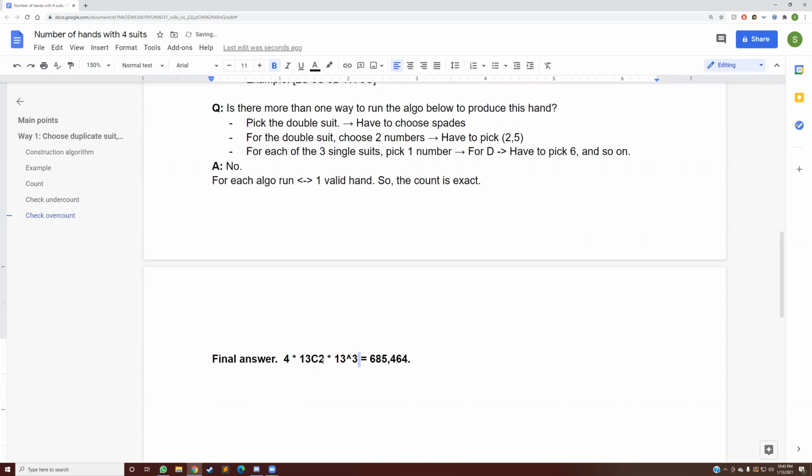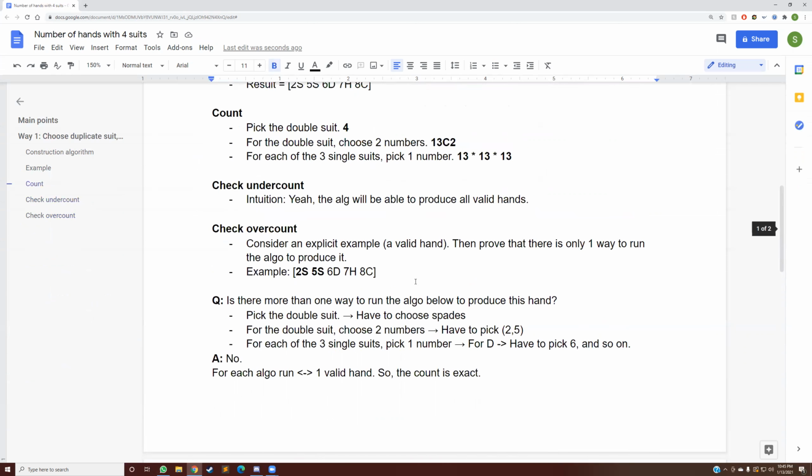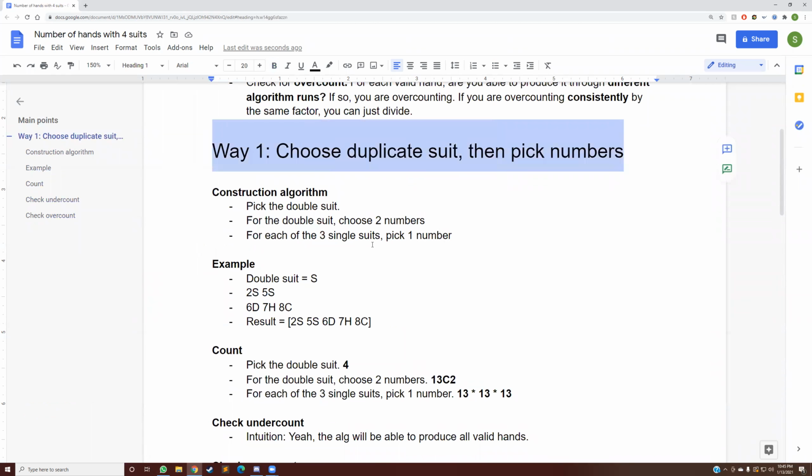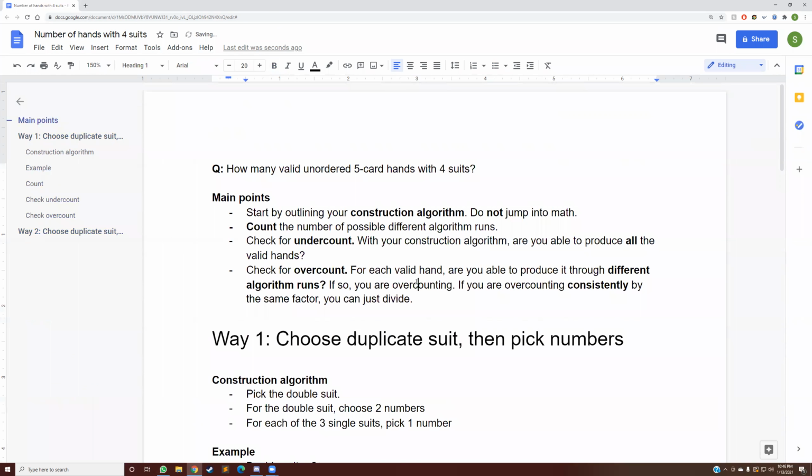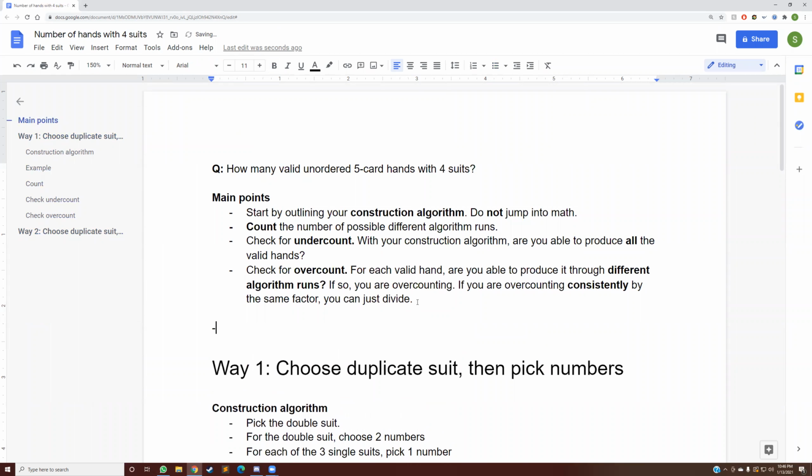Okay. All right. This would be the happy case if you manage to produce something without any overcount. But I should write this down. If you can produce exact count. Okay, sorry. If your approach doesn't produce any overcount, pick that.